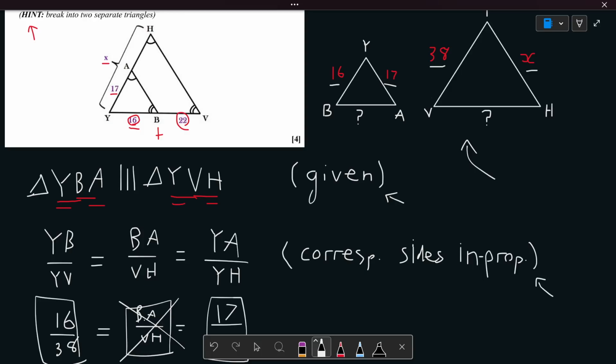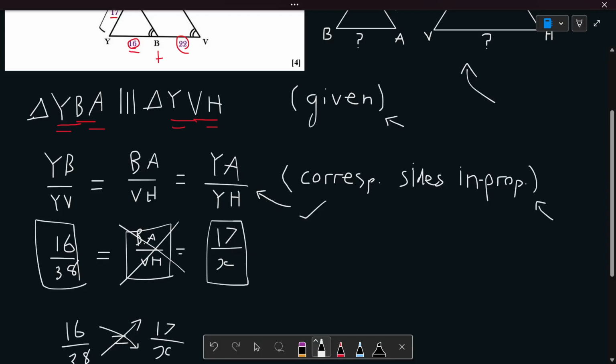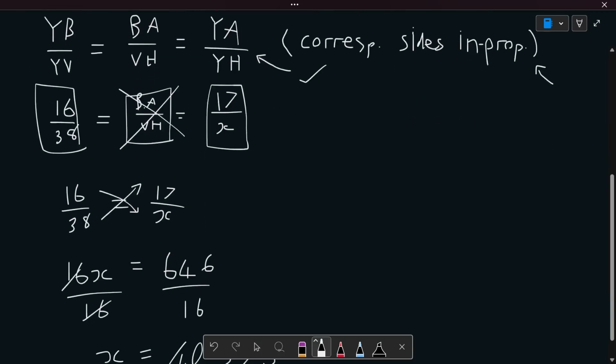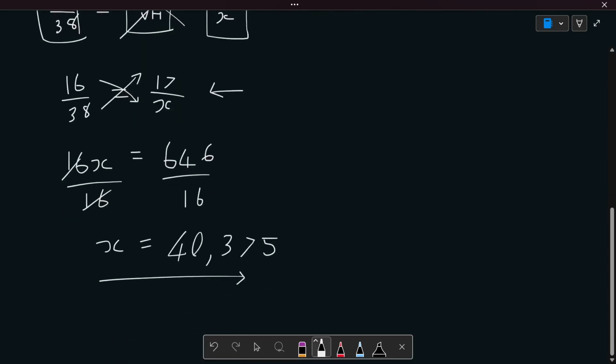So that reason makes this statement over here true. So now from that point we can just plug in our values that we have, and because we don't know what BA over VH is, we can just ignore that and work with the two ratios that we know the values for. And then from that point we can just cross multiply, and then solve for x, and we get the final answer of x is equal to 40.375.